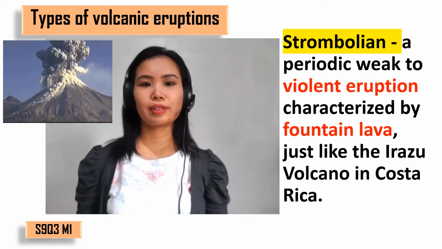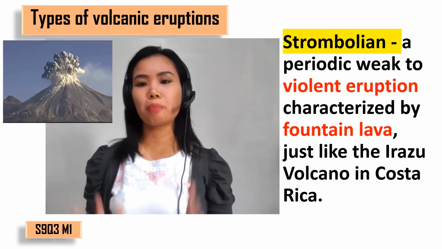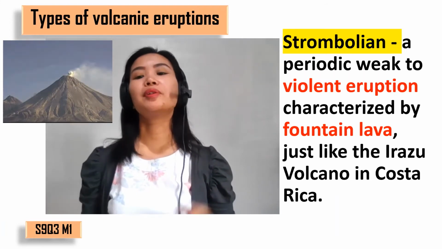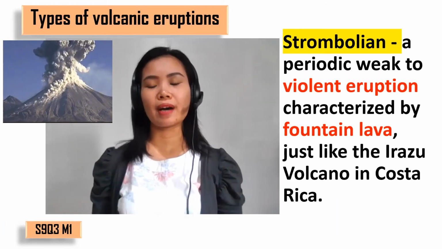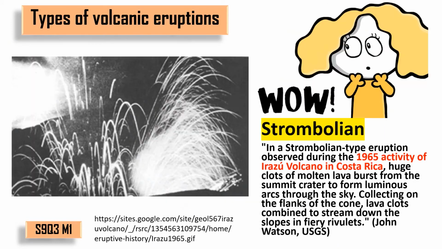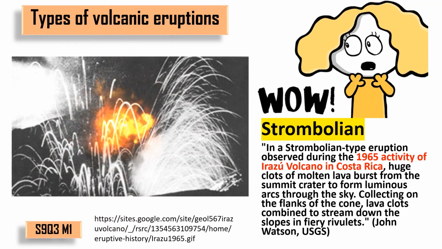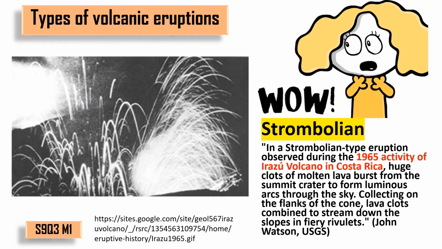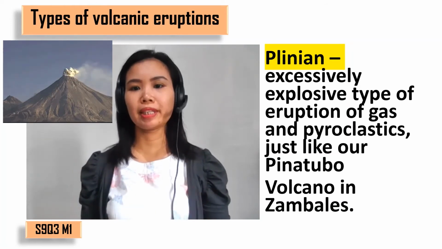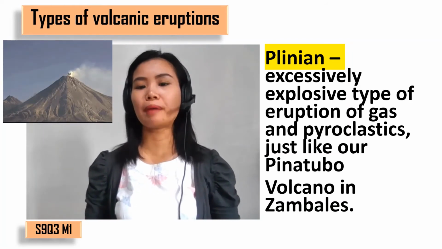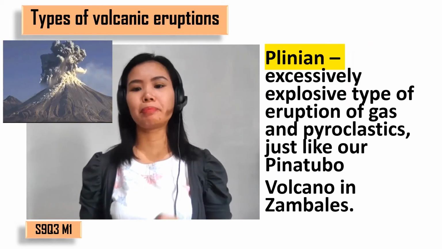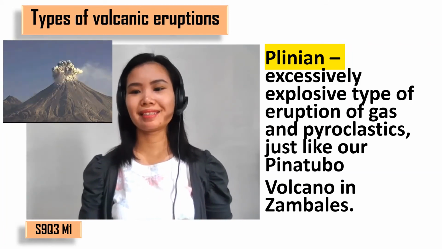Another type of volcanic eruption we have here is Strombolian, a periodic weak to violent eruption characterized by fountain lava, just like the Arenal volcano in Costa Rica. Then we have here Plinian, an excessively explosive type of eruption of gas and pyroclastics, just like our Pinatubo volcano in Zambales.